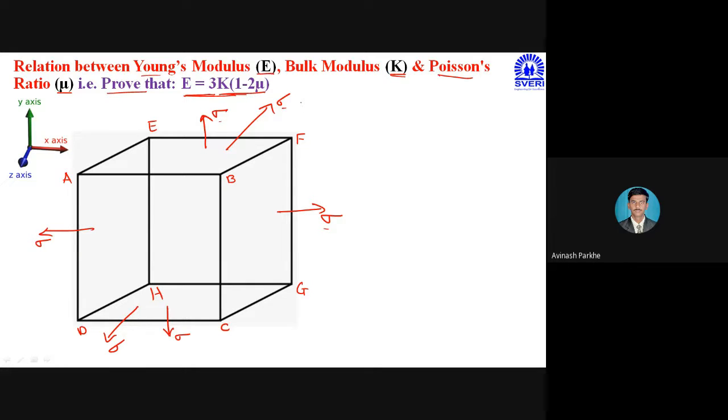If there are no forces in all three directions, no stresses are developed. But we have already made one assumption, that this cube is subjected to forces in X, Y, and Z directions, and due to these forces it is subjected to one stress in X direction, one stress in Y direction, and one stress in the Z direction.